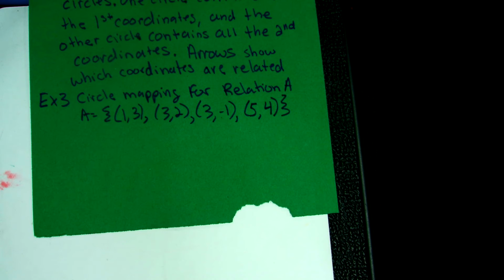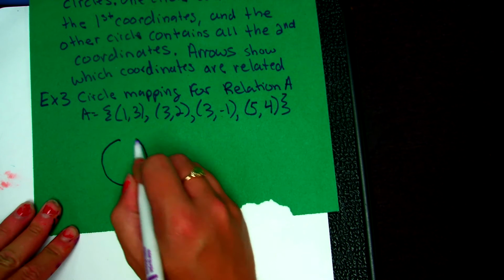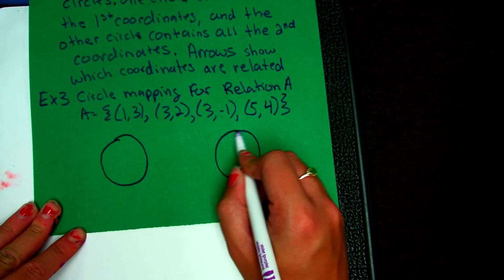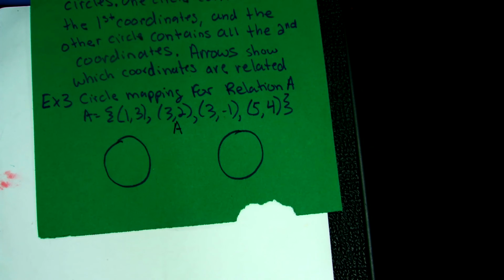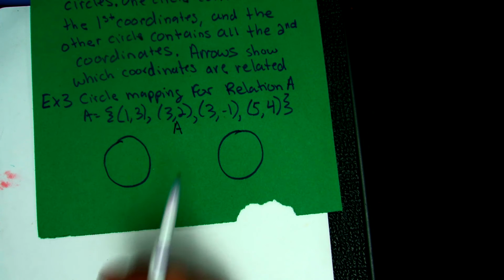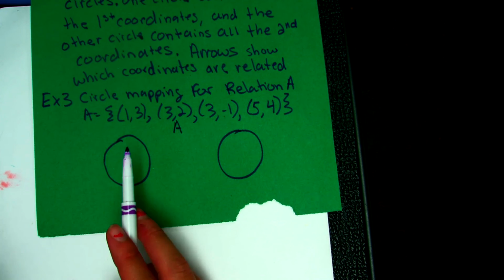The first thing we want to do is draw our two circles. I want to name this circle mapping A. You're going to put all of the first coordinates in the first circle, but make sure you put them in numerical order.